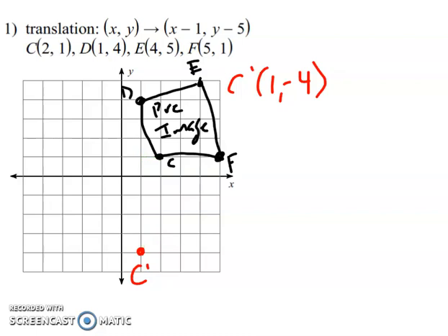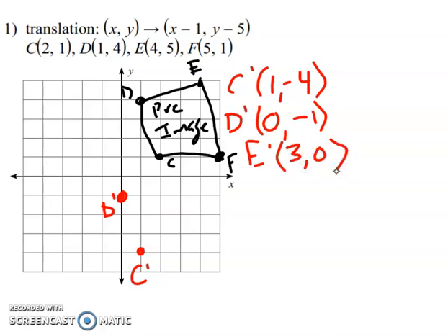All right. What about D prime? Well, starting out with 1, 1 minus 1 is 0. Starting out with 4, 4 minus 5 is negative 1. So it's going to be 0 comma negative 1. Then we have E prime. E prime is 4 minus 1, which is 3. 5 minus 5, which is 0.